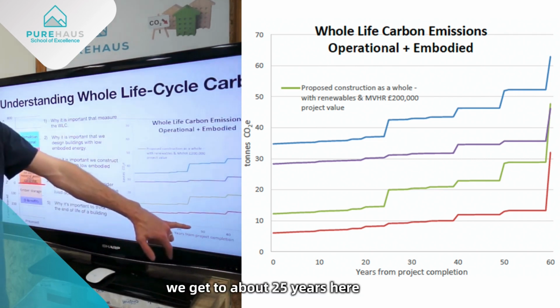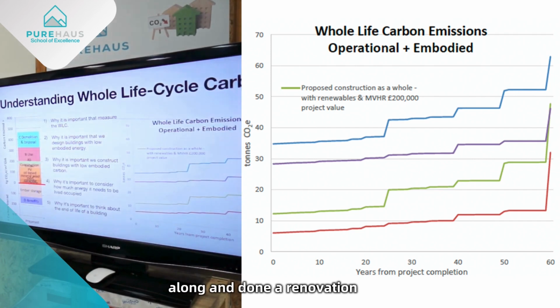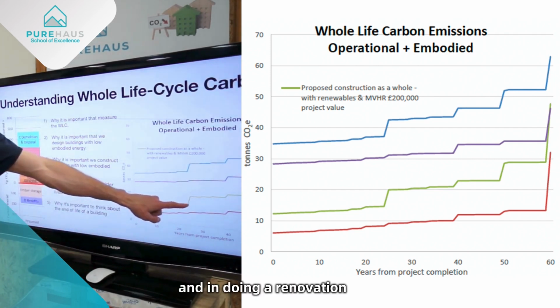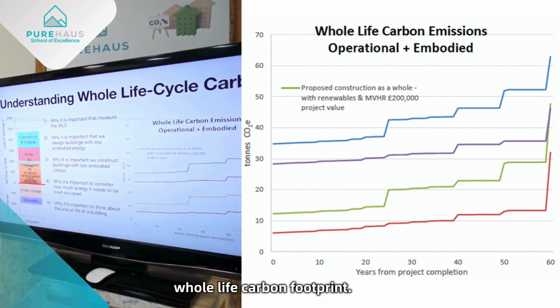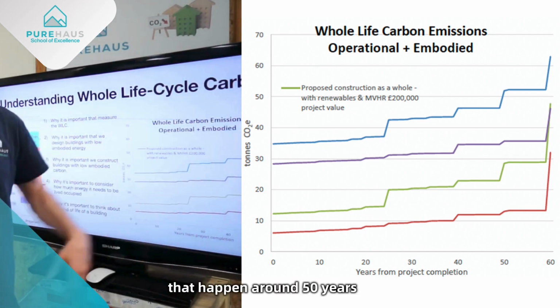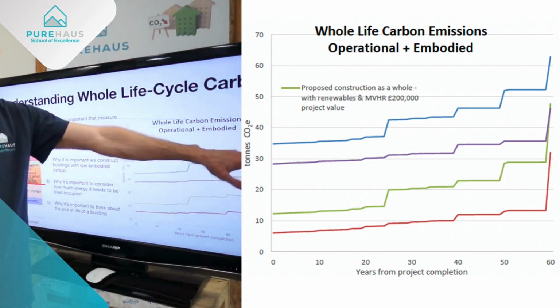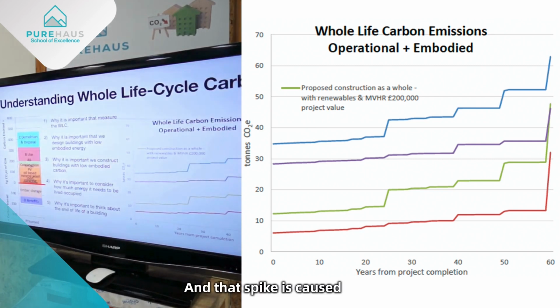So when we get to about 25 years here, the owner of this building has come along and done a renovation. And in doing a renovation, they've added to the whole life carbon footprint because they have bought new materials, they have done the processes, they have used energy to upgrade their building. And again, we see that happen at around 50 years. And at the end of the life, we see a spike. And that spike is caused by the demolition and recycling of those materials.